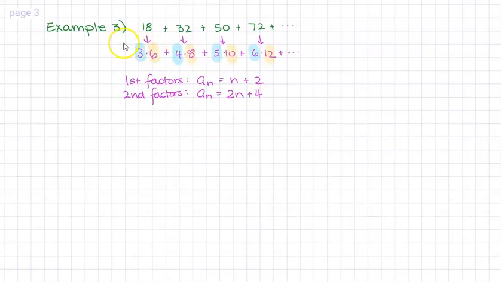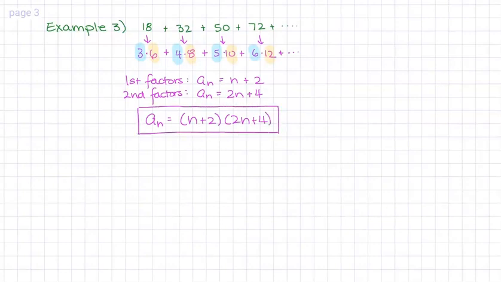And then what would come right before 6? It would be 4. So for the overall thing, it's going to be n plus 2 times 2n plus 4. And there we go. There's the first part.